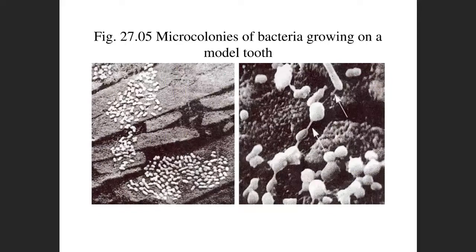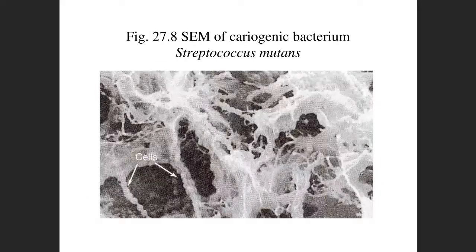They glue themselves to the surface of the mouth, and then they ferment. When they ferment, they produce acid. Okay, so when you have a bacteria stick to your tooth and produce an acid, it's almost the same as a dentist putting a drill in your tooth and constantly drilling.